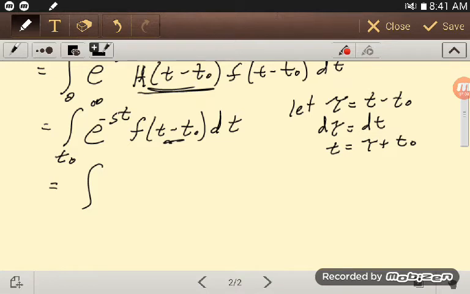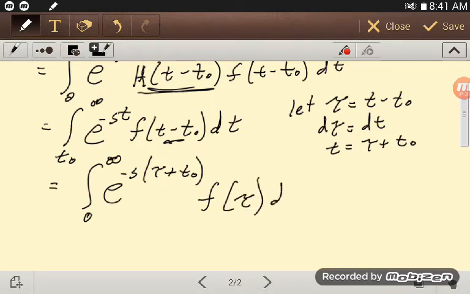Now t0, that was t equal t0, so t0 minus t0 is 0, so this starts at 0. When t goes to infinity, so does tau, so we have that. Then e to the minus s, and t is tau plus t0. And then we have our substitution here, f of tau and d tau.